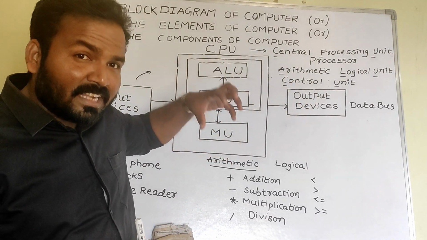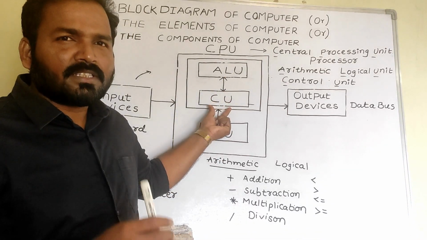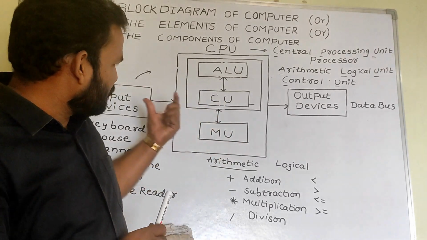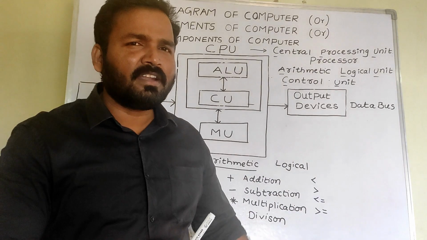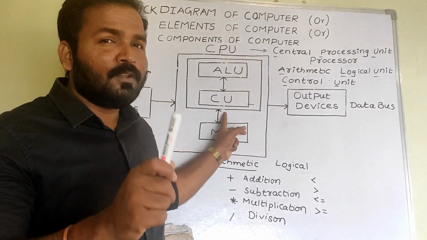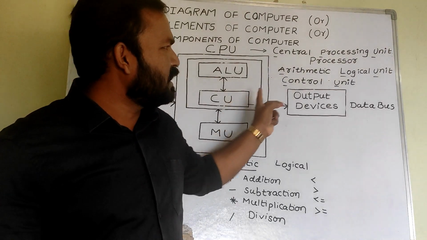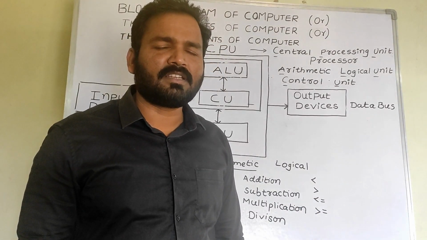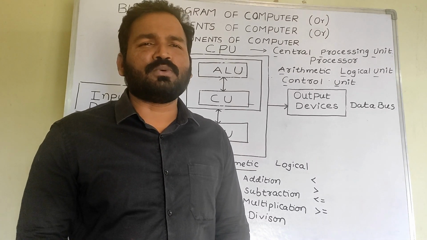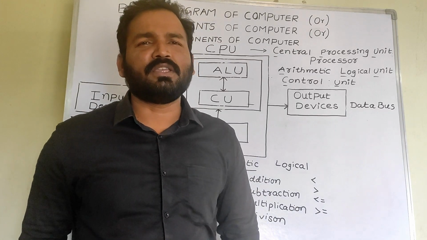CU stands for control unit. It controls the activities of the computer. It controls processing and all the devices, such as input devices and output devices. CU controls hardware devices also. Next, CU contains data bus. Data bus is a collection of wires used to transfer the data from one unit to another unit.